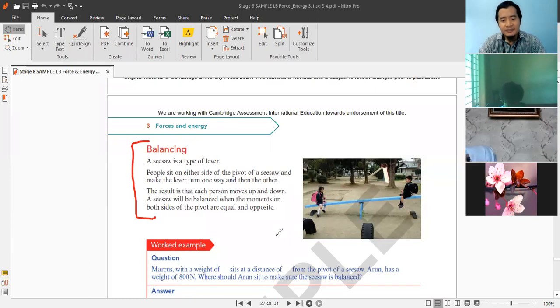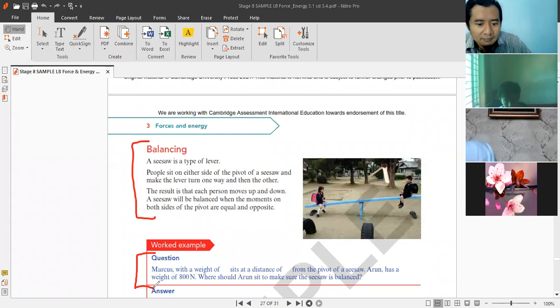Now we go to the question. Mas Hamam, please read the question here. Marcus with a weight of 600 newtons sits at a distance from the pivot of a seesaw. Aaron has a weight of 800 newtons.